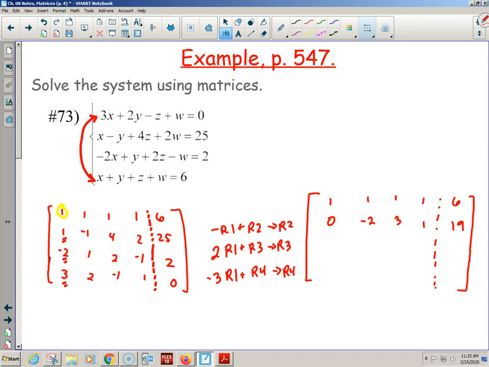How was that? Negative 6 plus 25. We all get 19? How was that 14?